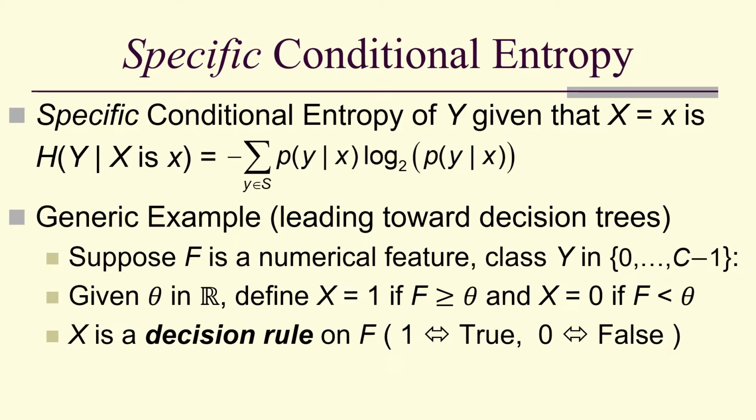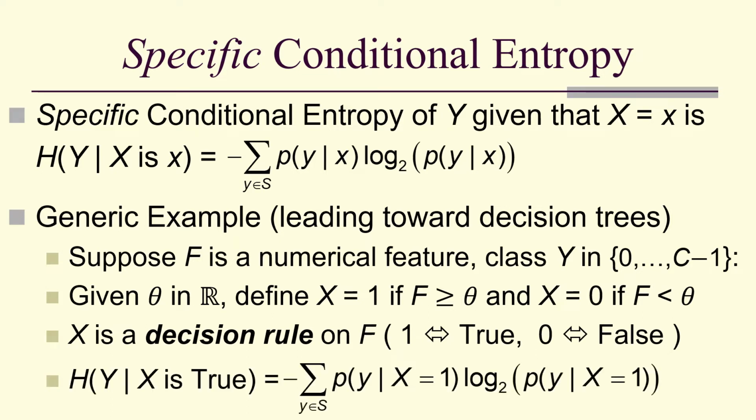We say that X is a decision rule on F. And the specific conditional entropy for X true is given by this sum over the conditional probability of Y given that X equals 1, log base 2, again, conditional probability of Y given X equals 1.